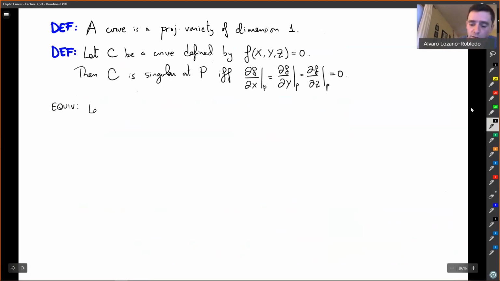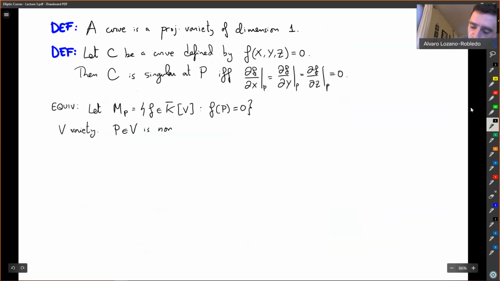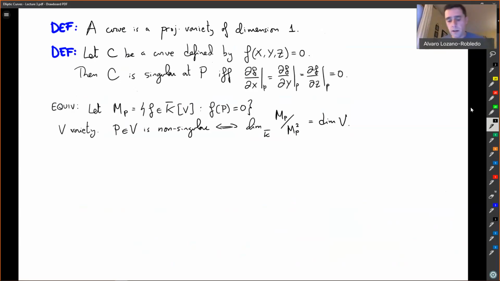So if we let MP be the following set of functions in the affine coordinate ring that vanish at P, and V is a variety, then it turns out that P in V is non-singular if and only if the dimension as a k-bar vector space of MP over MP squared equals the dimension of V. Okay, so you can do it that way too.